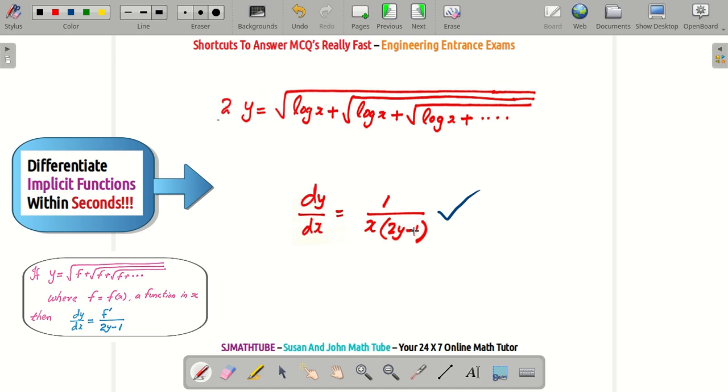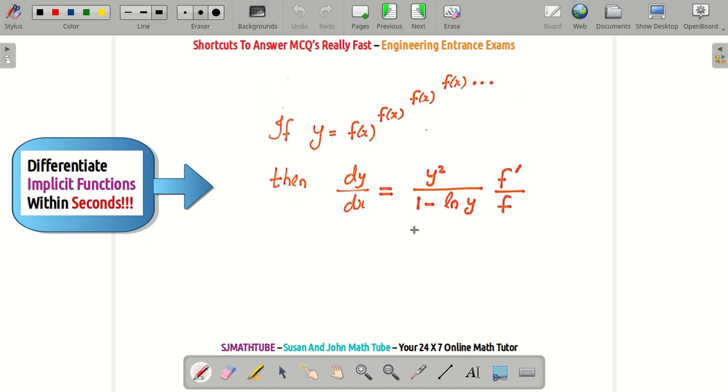That's it. Now let's learn one more very important pattern which comes regularly in the entrance exams. That is, y is equal to f of x to the power f of x to the power f of x to the power f of x, and of course it goes to infinity.